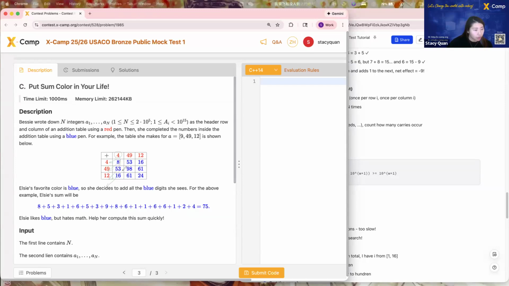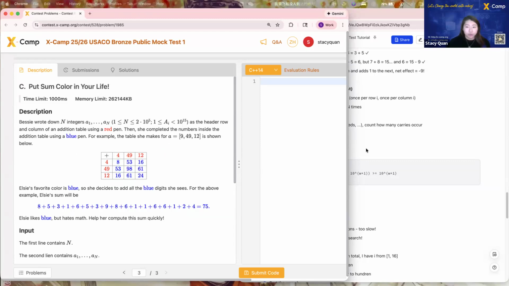So in total, every single digit is used 2n times. Let's break down the input row and column by single digit, and every single digit contributes to the final sum 2n times.